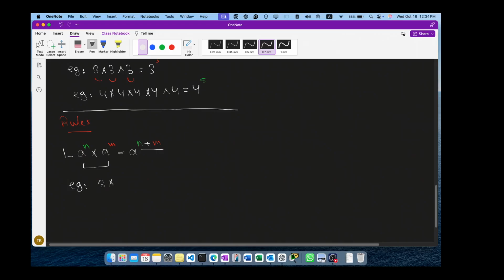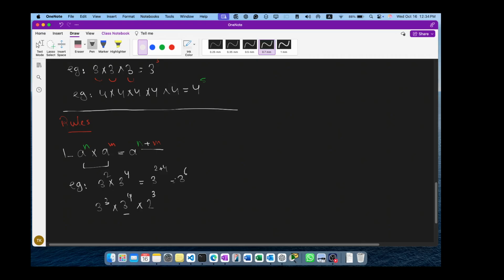3 power 2 times 3 power 4 equals what? I will keep the base and 2 plus 4 equals 6. 3 power 6. Okay, now 3 power 3 times 3 power 4 times 2 power 3.